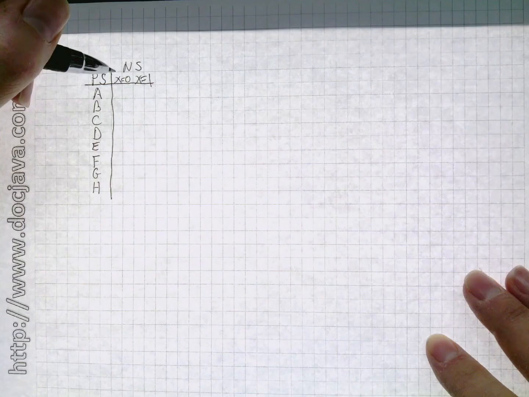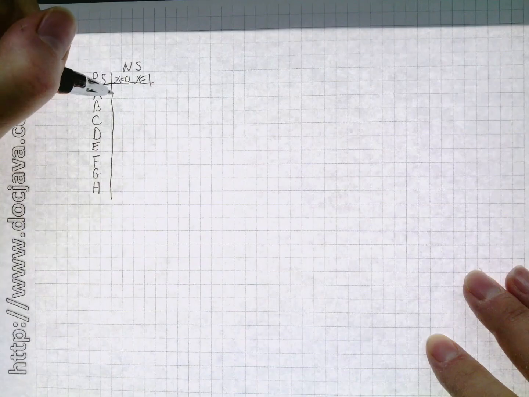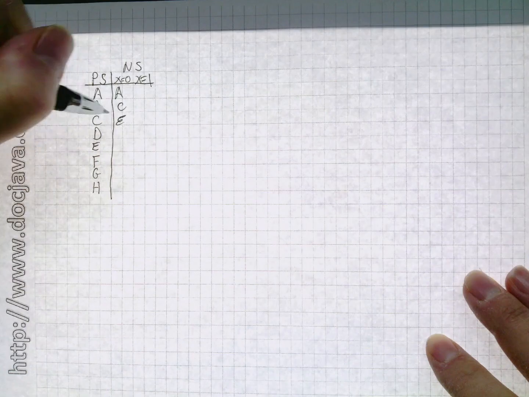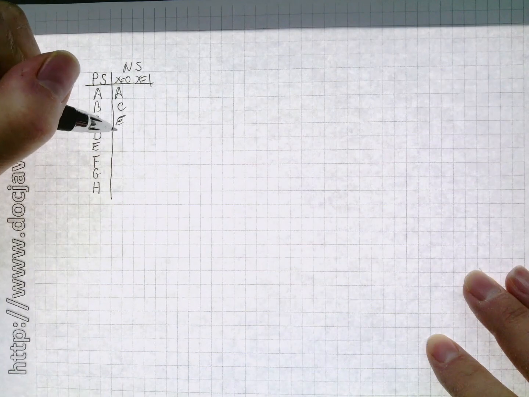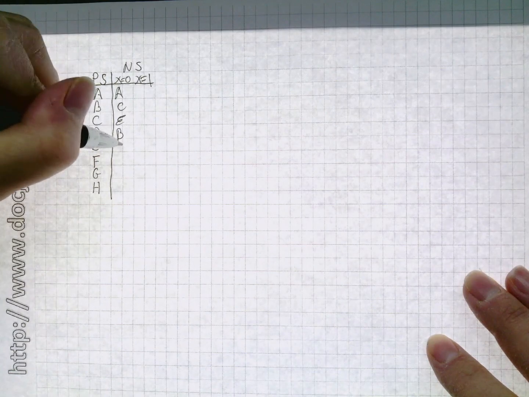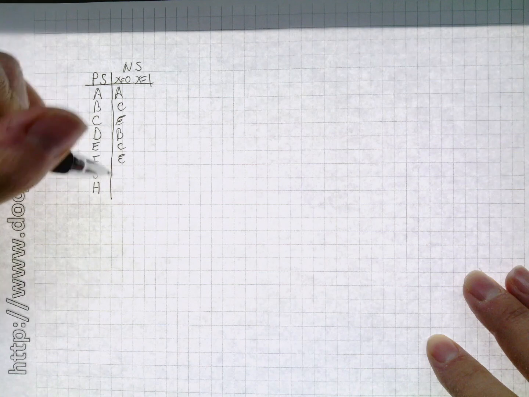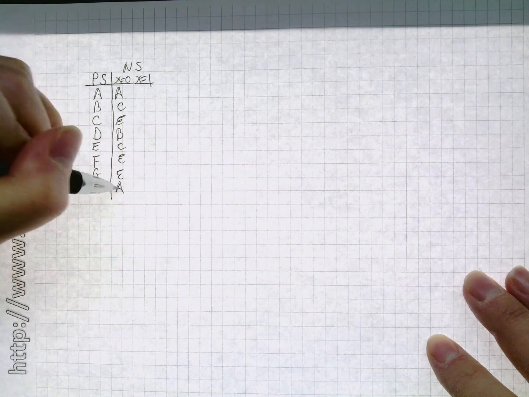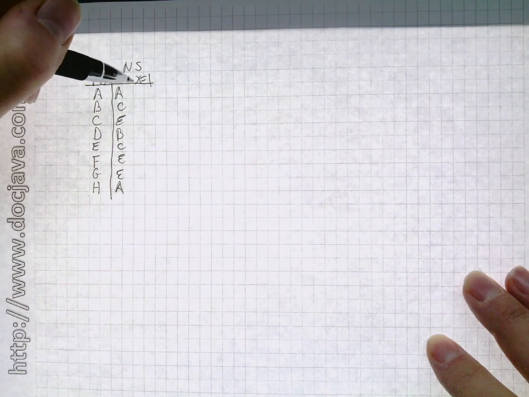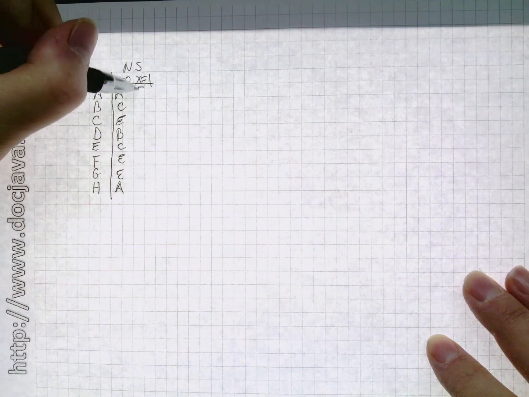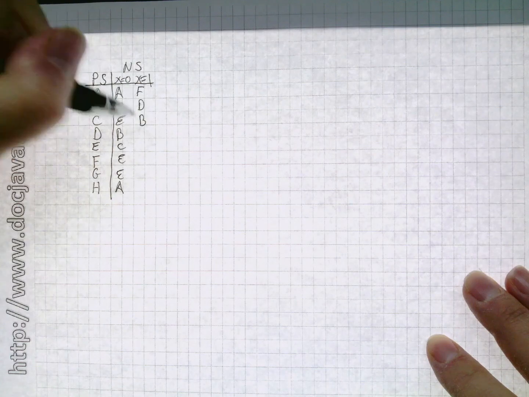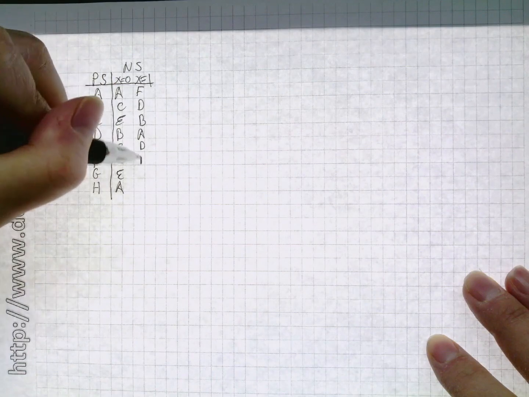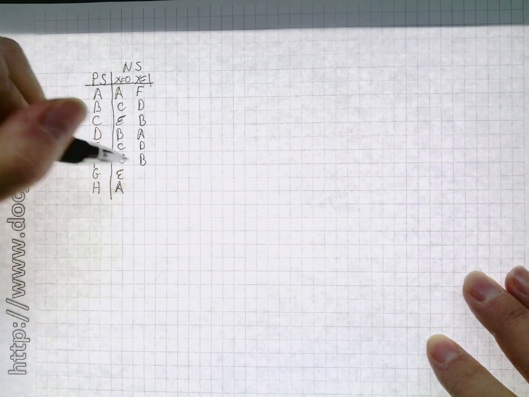And we'll use ACE, BCE, and then E and A. Then we'll do FDB, ADB, A and C.